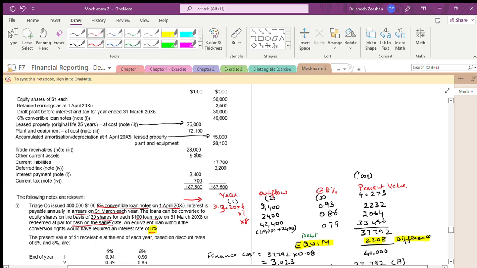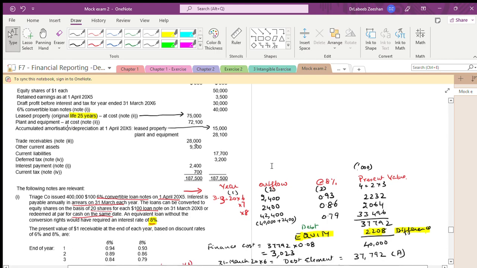Original life is how much? Original life is 25 years. Is it right? Leasehold property is 25 years. If it is for 25 years, we have to take it for 6 months, is it right?